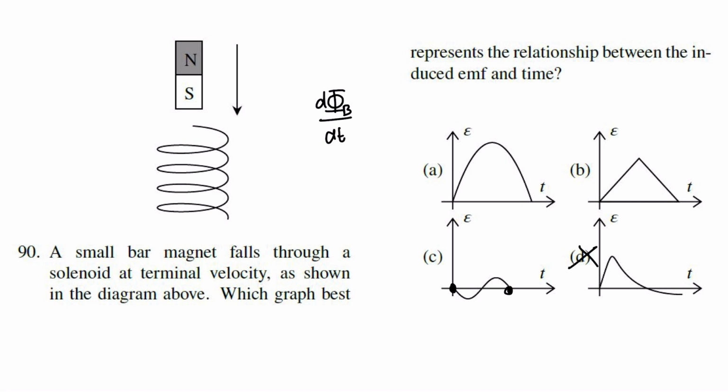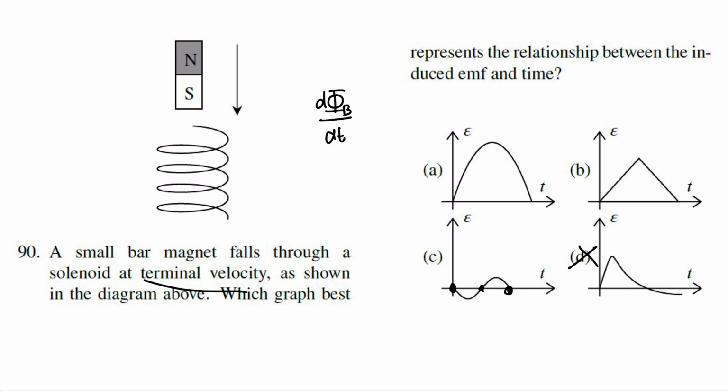And also, we know that at some point in the middle, it's falling with terminal velocity, so the velocity is constant. The magnetic flux, once it's fully inside the coil, is going to be constant for at least an instant. If the coil is very small, that will be an instant, and if it's very large, that could be a while. But it has to reach 0 in the middle at some point.